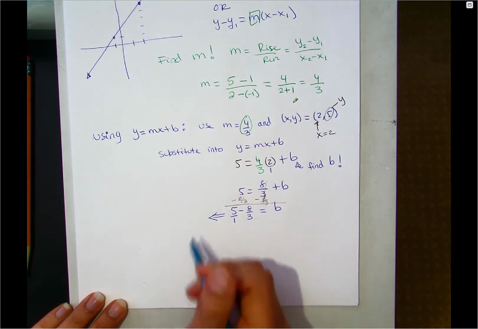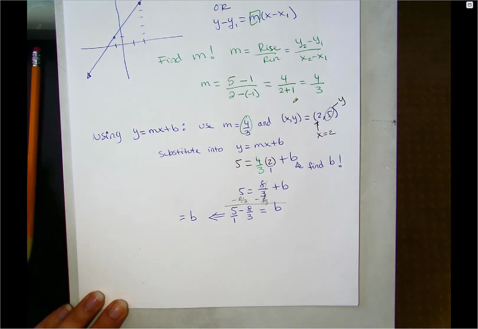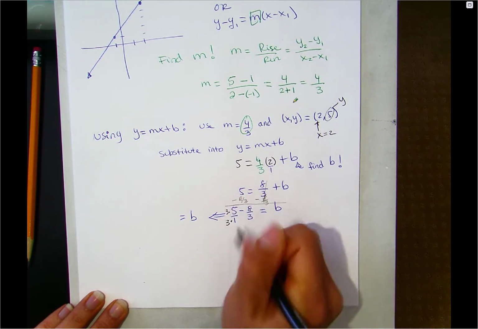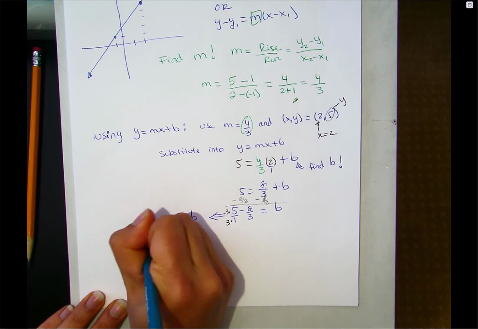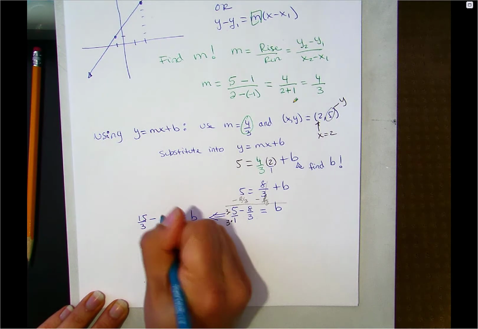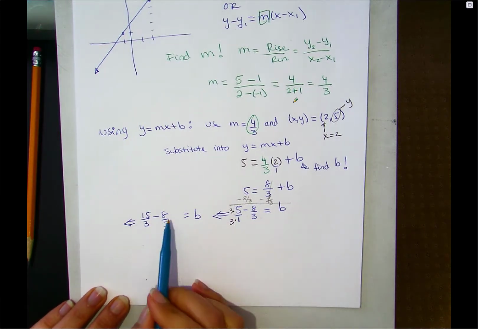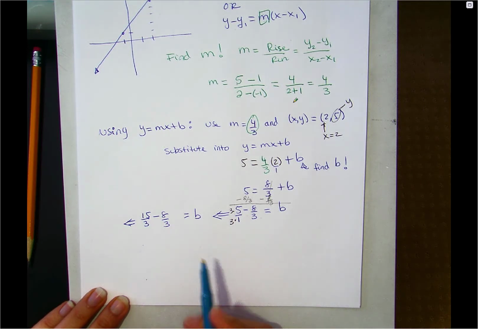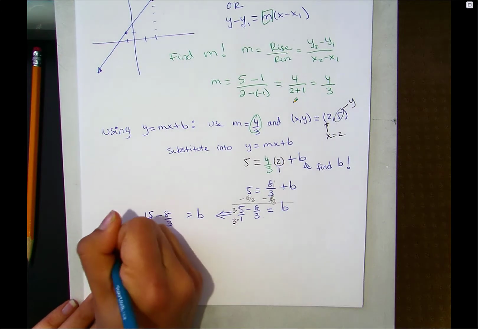The common denominator is 3, so multiply the bottom by 3 and the top by 3. So 3 times 5 is 15, and that makes sense. 15/3 is 5, minus 8/3. Sorry, I'm kind of going backwards here. So 15 minus 8, what's that? 7. So 7/3 is b.